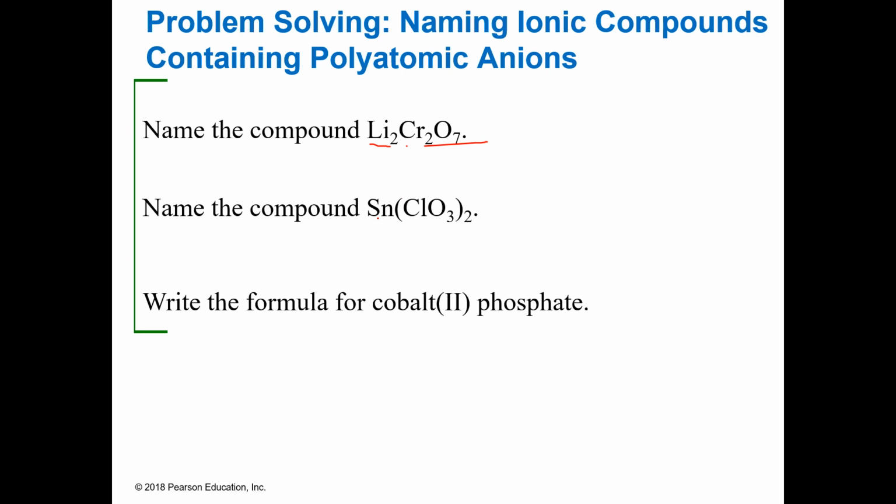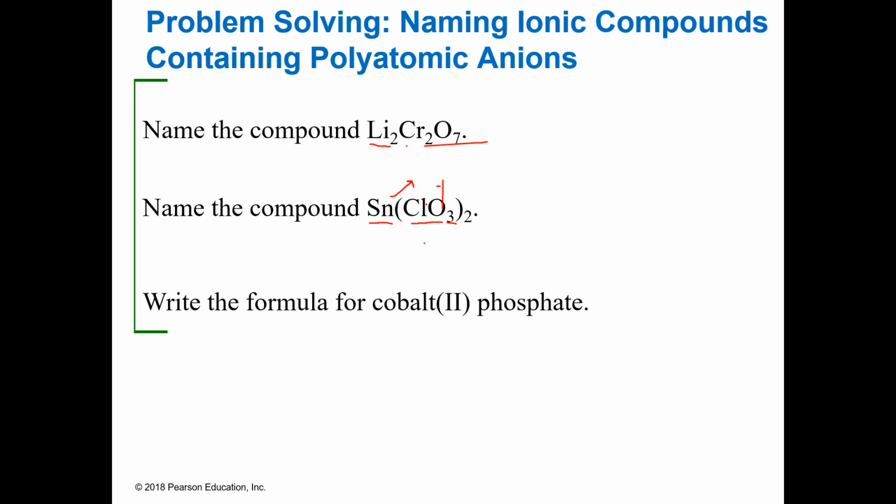Right? Here I have a metal, but it's a transition metal, so I'm going to have to include a Roman numeral. But we'll look here. I have ClO3. If I look that up, it's chlorate, and it has a -1 charge.